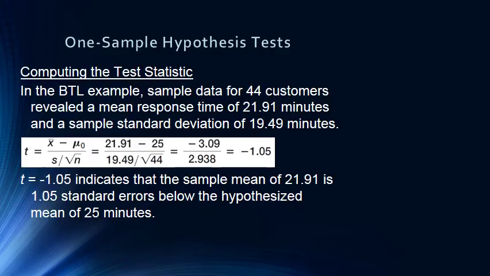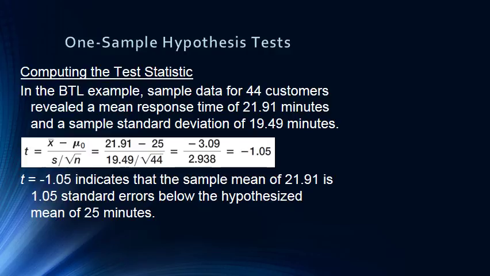So we have 21.91, which was the mean response time, minus the average of the population, which in this case is 25, because we're trying to see if we can reduce the response time to less than 25, because we're assuming it's greater than or equal to 25. So 25 would be the assumed mean of the population.